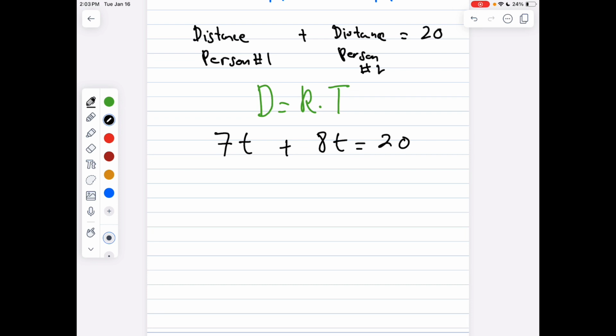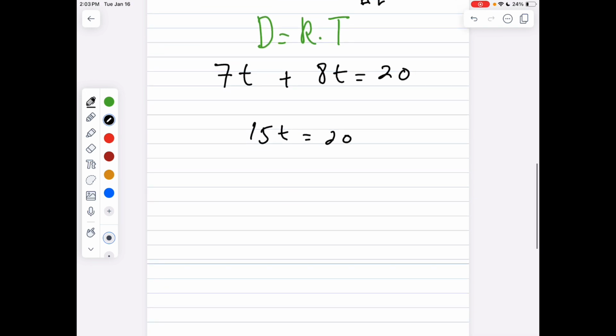And since we have like terms, you have 15t equals 20. And we're going to solve for t here by dividing by 15. If you divide both of these by 5, that comes out to be 4/3, or 1 1/3 hours.